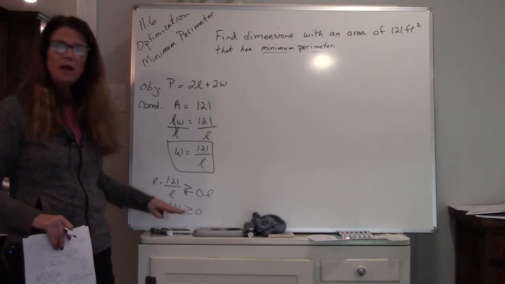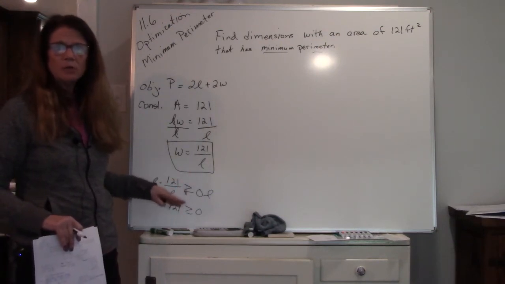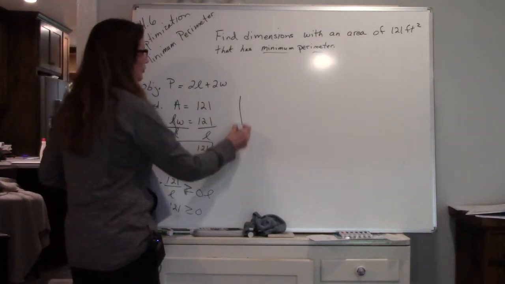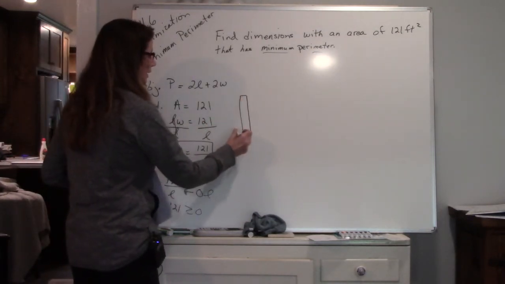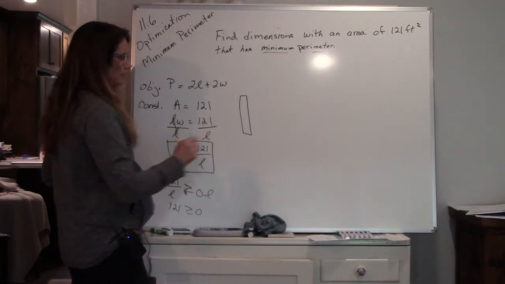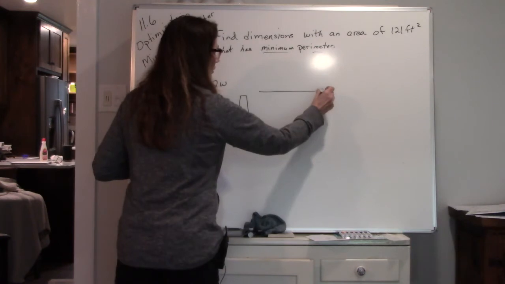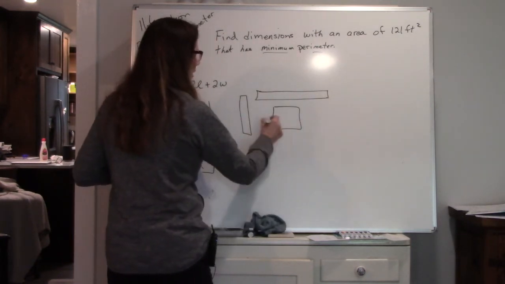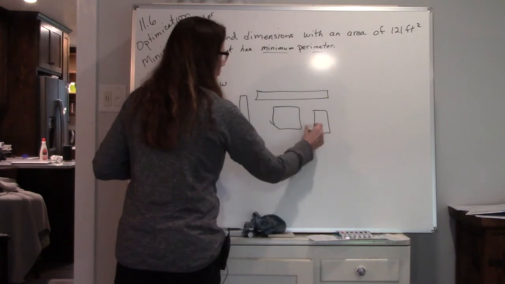The reason why the constraints don't work out quite right is because when we're dealing with area, if you remember, area of a rectangle can be a very small width and a very large length, or it can be a very long width and a very small length, or it can be any combination of those two.